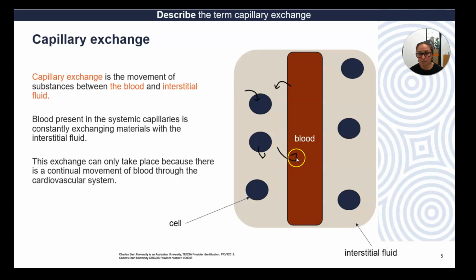So it works both ways. But the interstitial fluid is the middleman between the blood and the cell. Blood is always there bringing us things we need and taking things away that we don't need. So that's how it all works together.